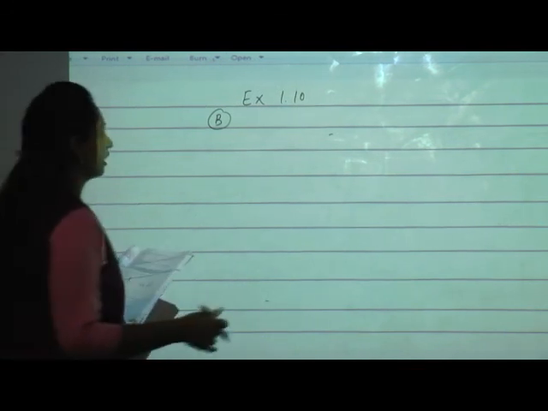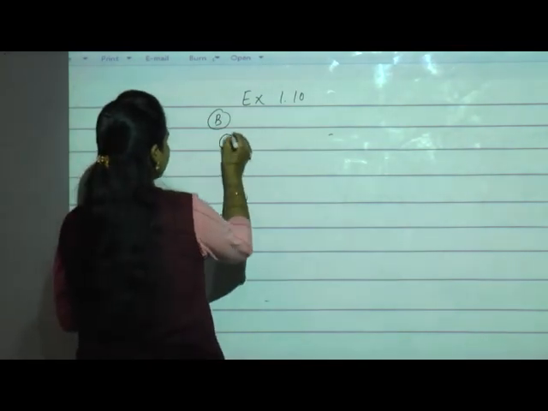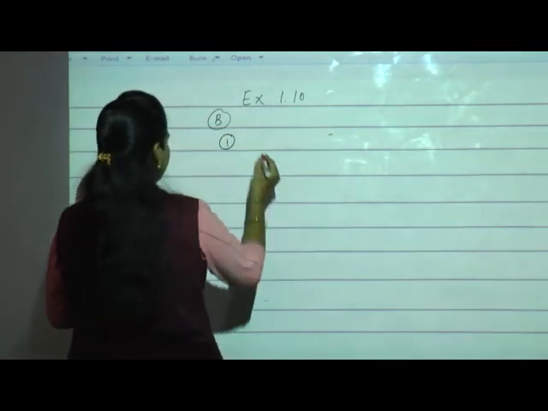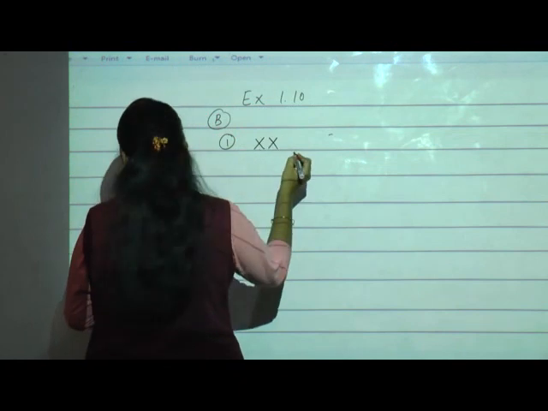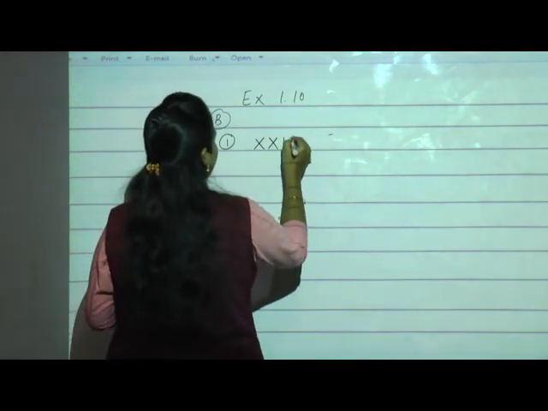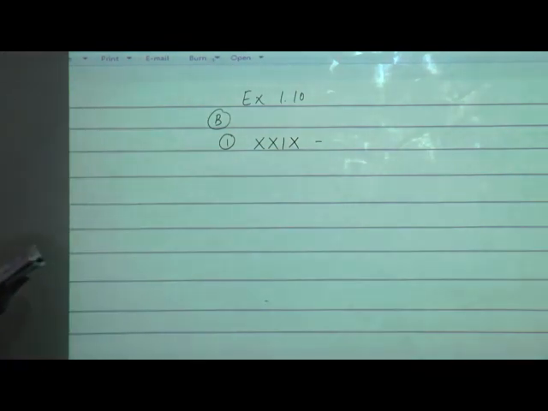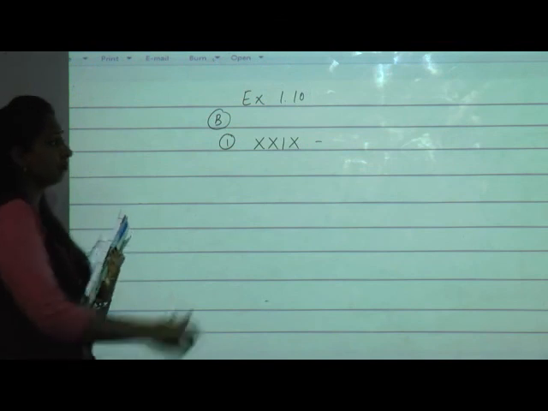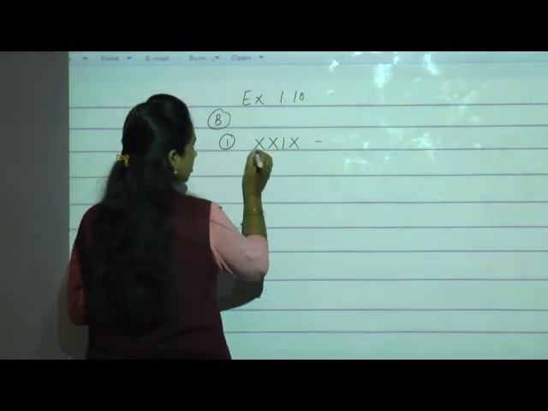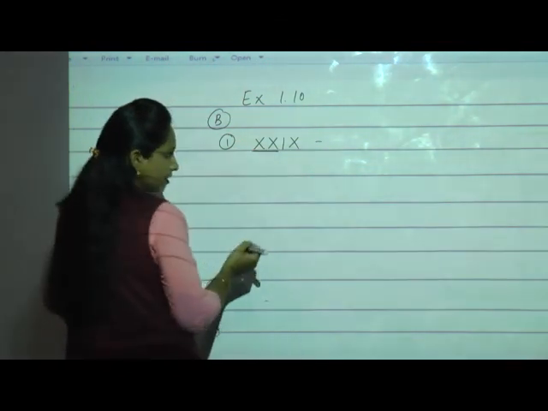Now what have they done? They have given Roman numbers. Now we have to write in the Hindu-Arabic system. Let me take the first one: XXIX. Now see this question. You can see double X is there.